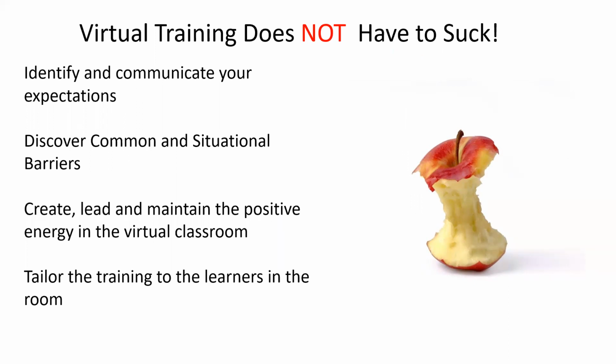So again, those are the top four. If you want to make sure that your virtual training does not suck, those are the core four things that you need to identify and plan for as you plan to facilitate training for your learners.